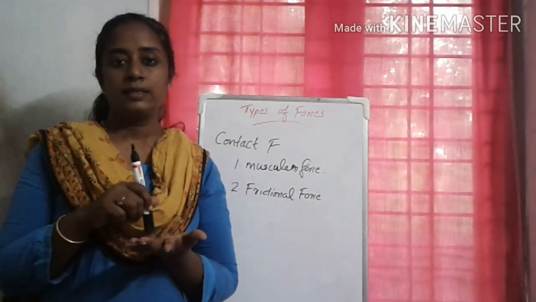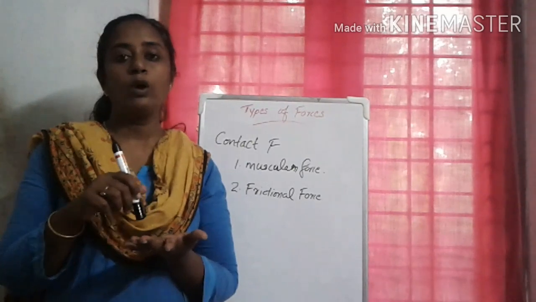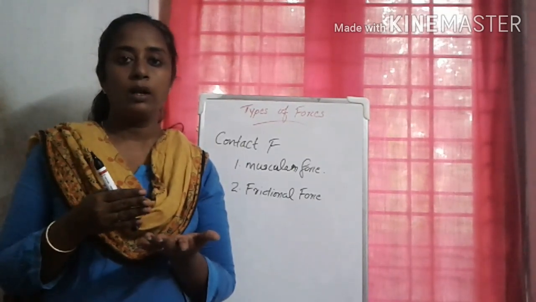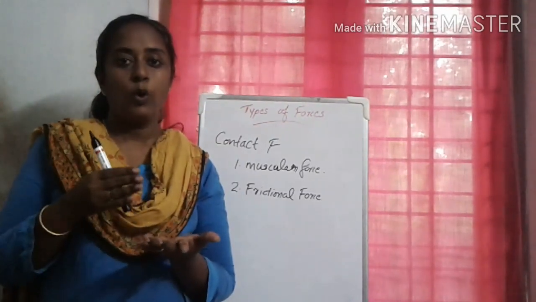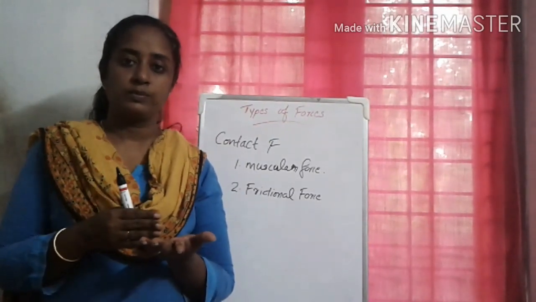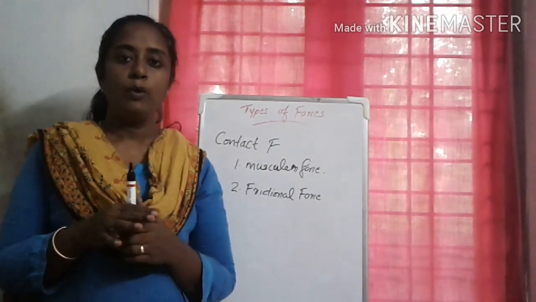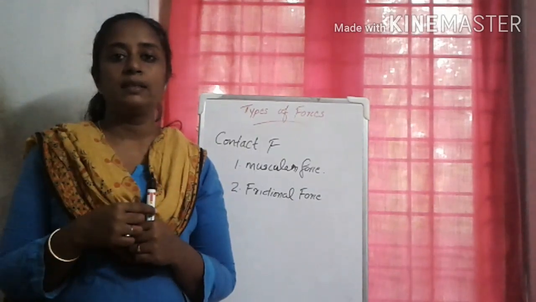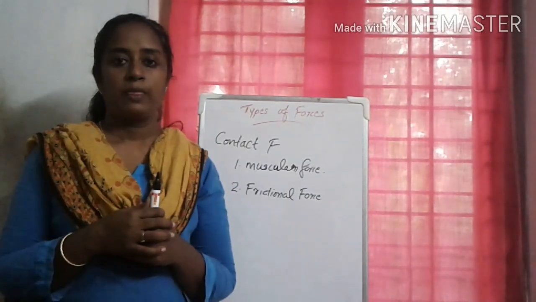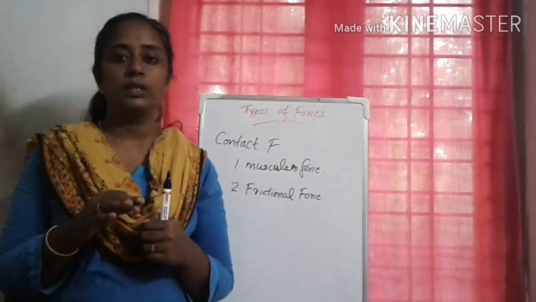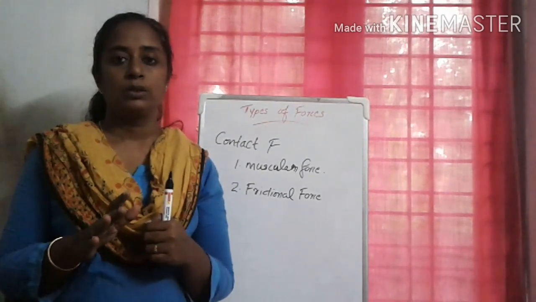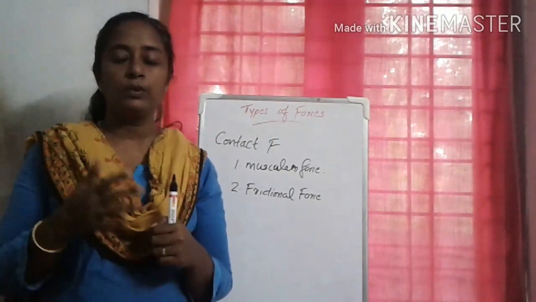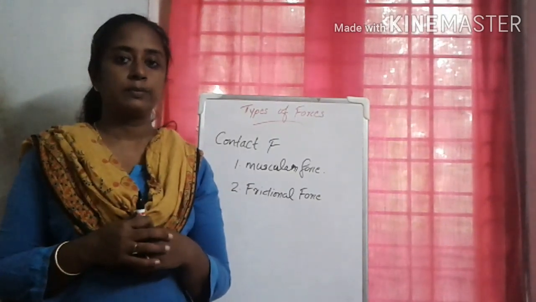The floor exerts a force on the ball in a direction opposite to the direction of movement of the ball. That means when the ball is moving forward, the frictional force acts backward. The aim of frictional force is to stop the object.